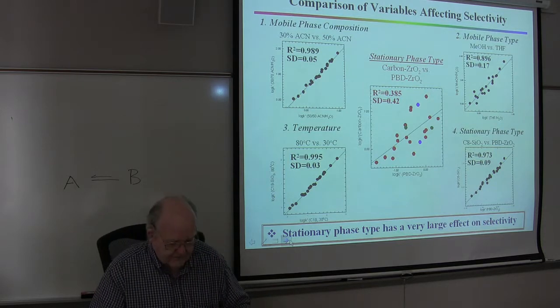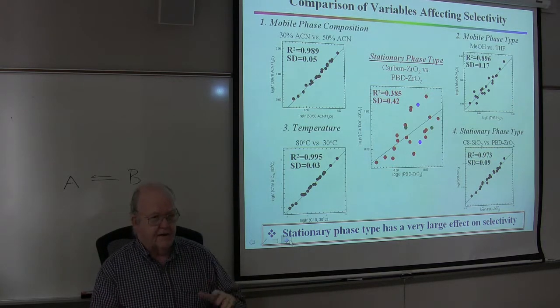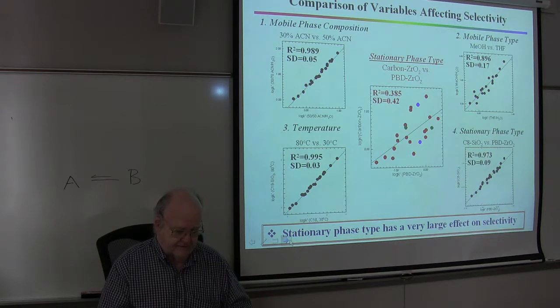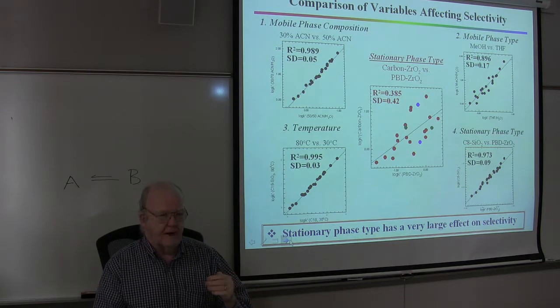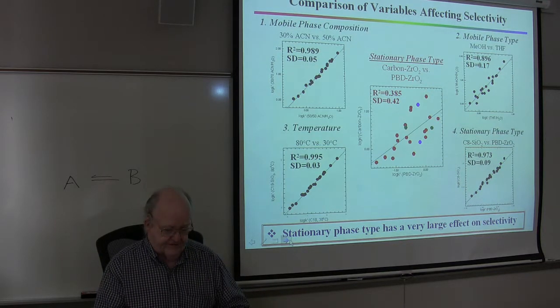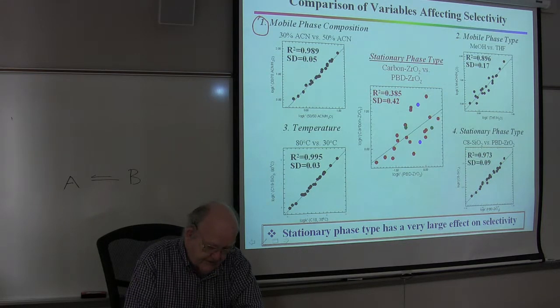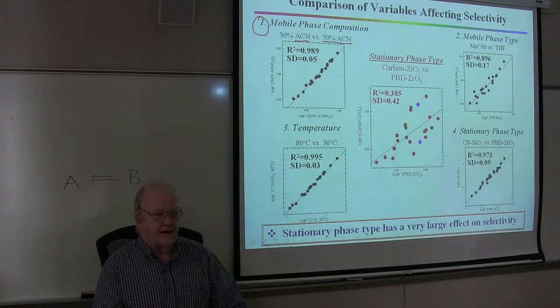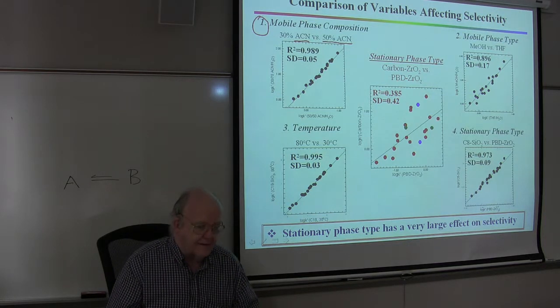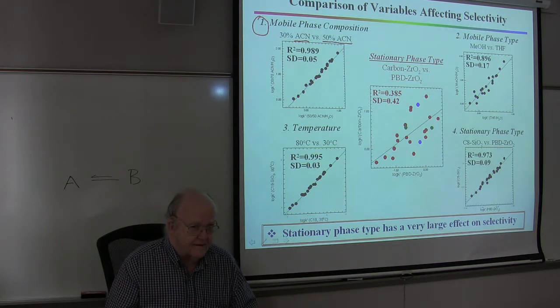So let's look at and compare, using the same set of solutes, different ways we can possibly change the selectivity. Up here in panel 1, we're using the same stationary phase in both cases, but we're doing 30% acetonitrile on one axis and 50% acetonitrile on the other axis, and we see rather little scatter, right?